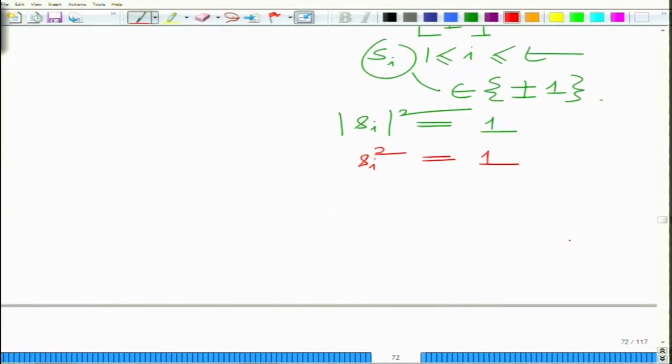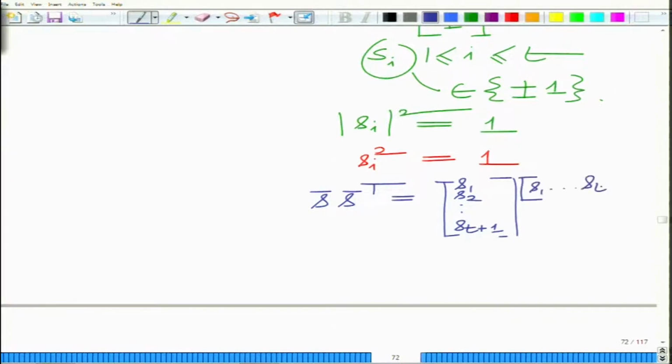So if you look at S bar S bar transpose, which is basically S1, S2 up to S(T+1), times its transpose, S1 up to S(T+1).